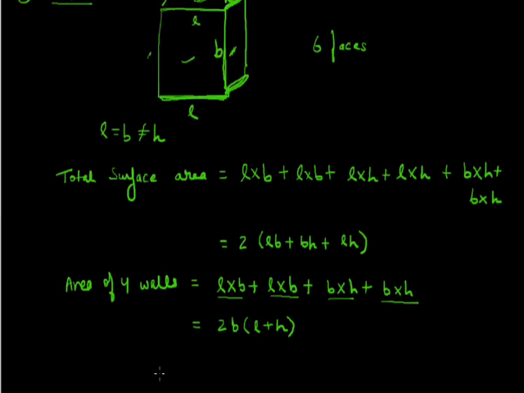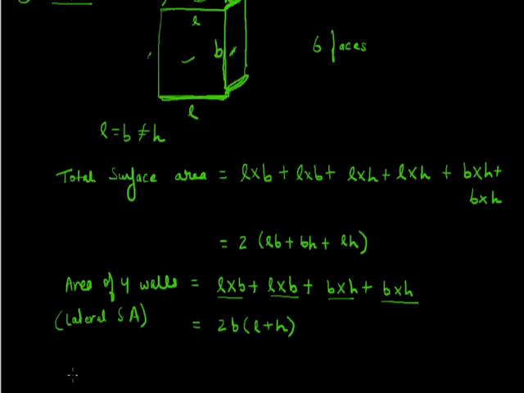In this way we can find the area of the four walls, and by using this formula we can easily find the surface area of the four walls, which is also known as the lateral surface area.